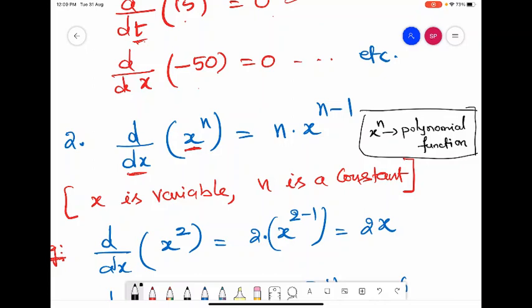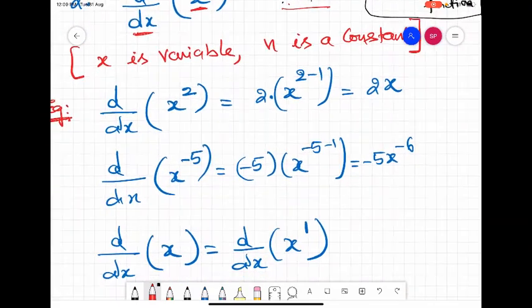If it is in the form of x power n, then d by dx of x power n is n into x to the power of n minus 1. This is a formula you have to remember. Here n is any numerical value, or constant.